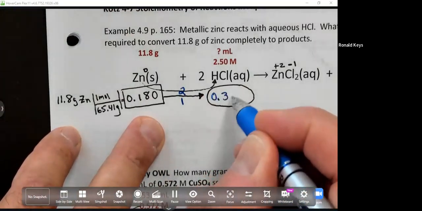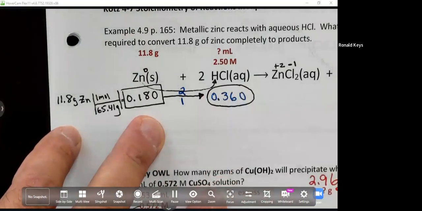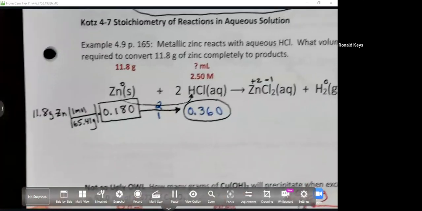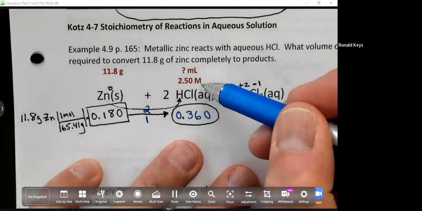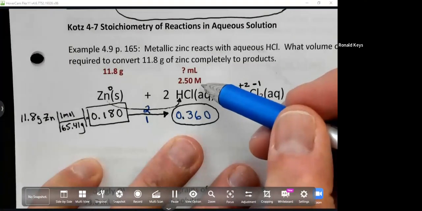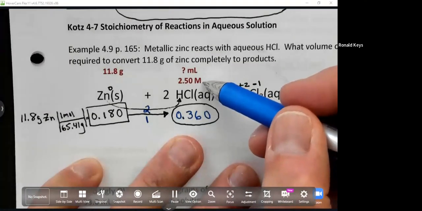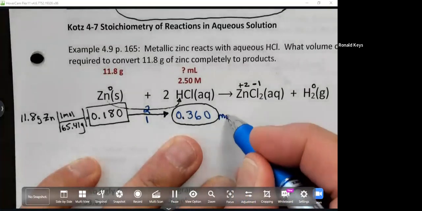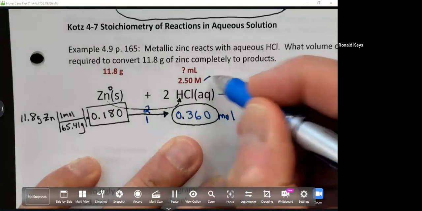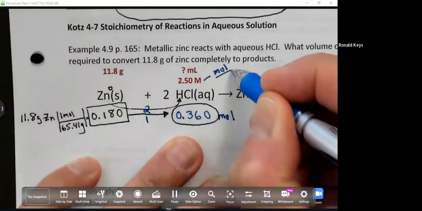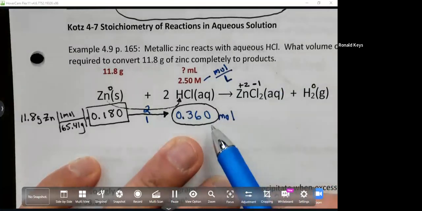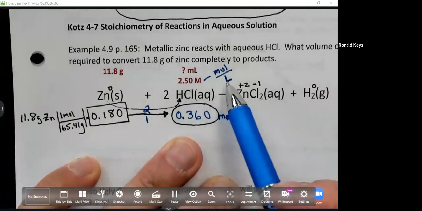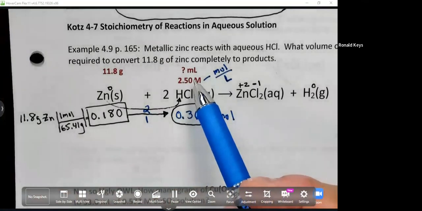So that's 0.360 moles. Now, I always say start with a single unit number all the time. This is my single unit number now, right? Because this is moles, right? This is moles over liters for units. I want liters of solution. Once I get liters, obviously I can change liters to milliliters.